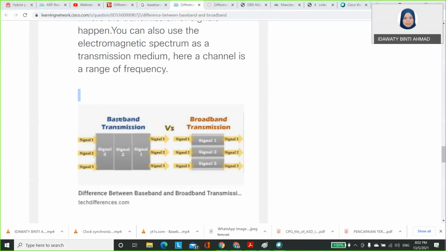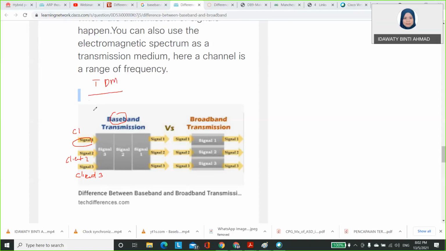For baseband, let's say, for example, this is client number 1, client number 2, and this is client number 3. What you can have in baseband is TDM, time division multiplexing.